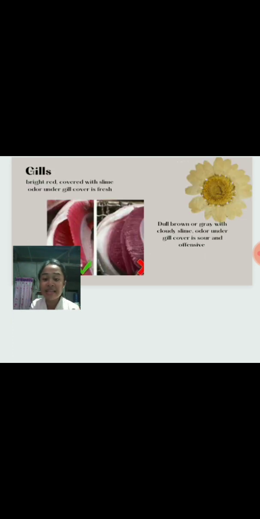Next are the gills. The gills of the fresh fish are bright red, covered with slime, and the odor under the gill cover is fresh, while the gills of the spoiled fish are dull brown or gray with cloudy slime, and the odor under the gill cover is sour and offensive.